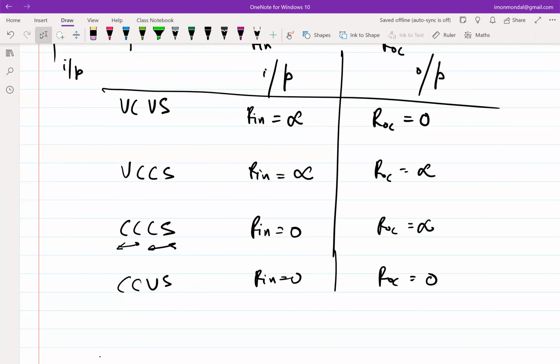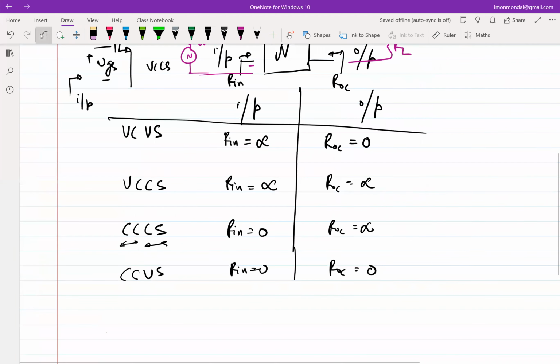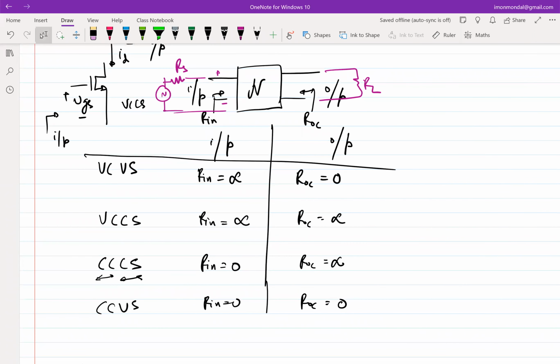So now I have to make it realistic, for cases where I have a real network, which means that your Rin probably cannot be infinity and ROC cannot be 0, and I still want to realize a voltage controlled voltage source. So now you have to consider inequalities: how large, with respect to what relative things.